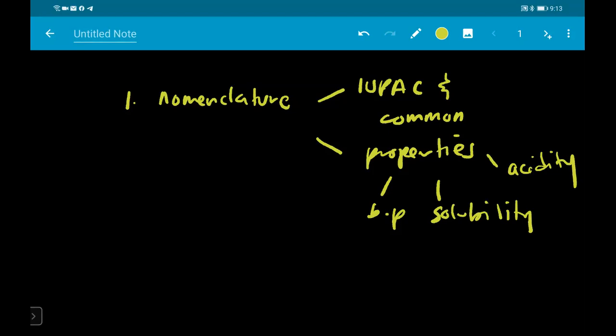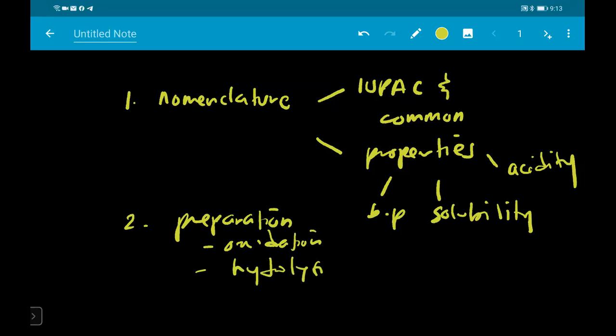Second is the method of preparation. I gave it yesterday and two days ago. There are three preparations. The first one is oxidation. The second one would be hydrolysis of nitrile.